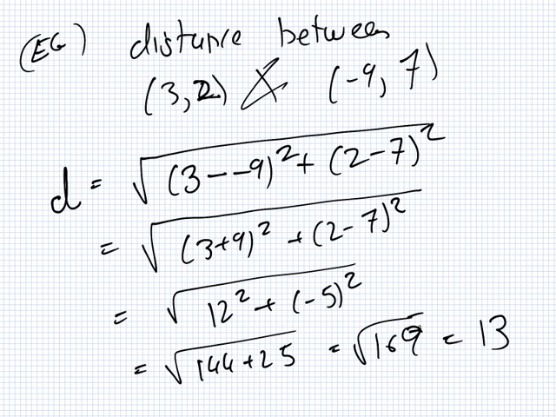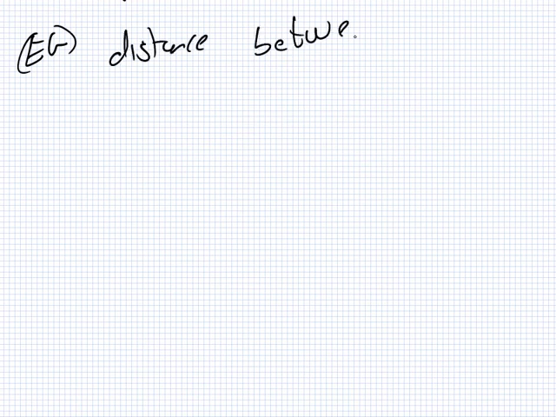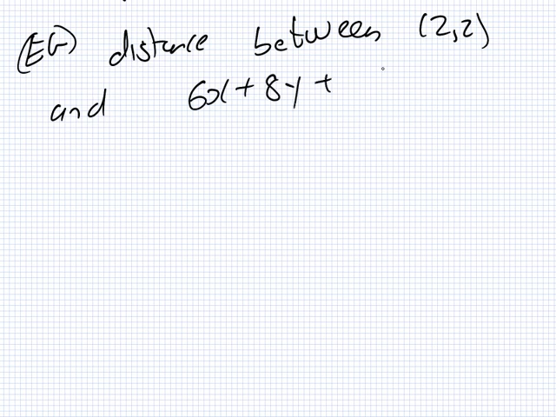Next example. So the next example is the distance between 2 and 6x plus 8y plus 9 equals 0.